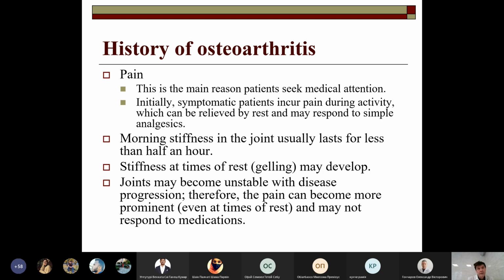The physician is frequently engaged in checking what kind of complaints the patient has: the pain, stiffness, joint moving limitation, and so on, which are the most common for these patients.